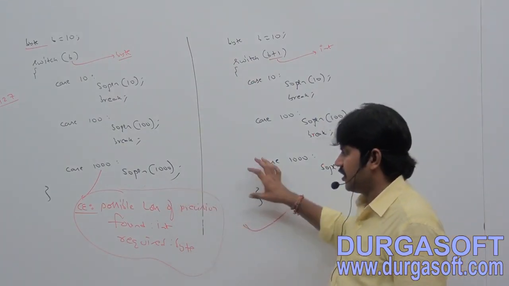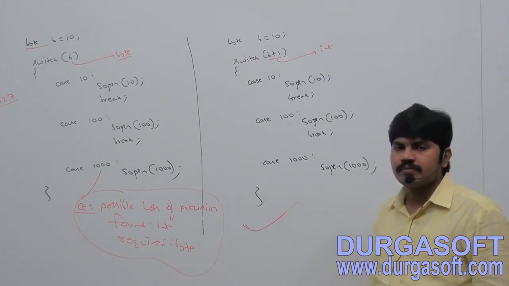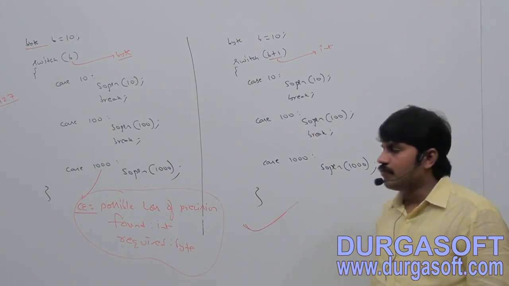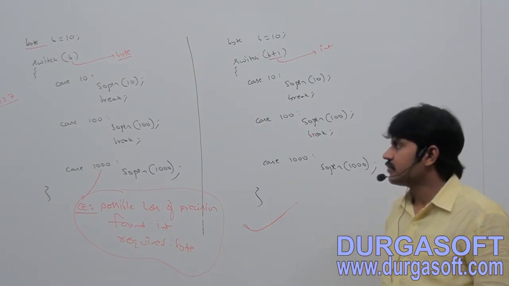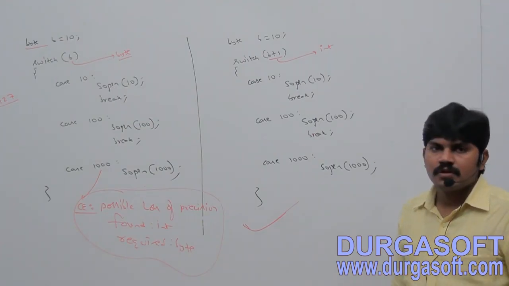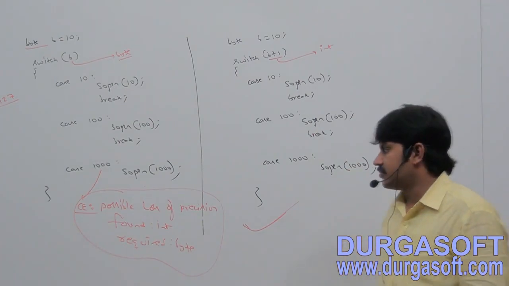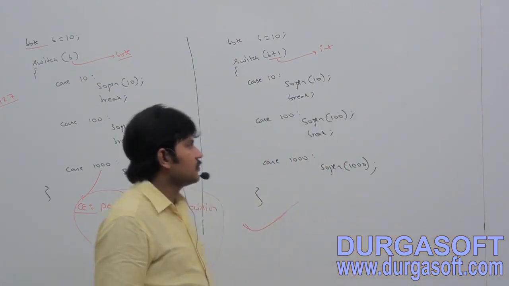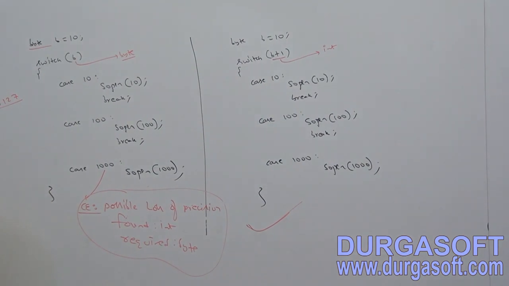Okay, take this example anyway. Take byte b is equal to 10, switch of b, case 10, case 100, case 1000. Clearly the first one is invalid, but the second one is valid. B plus 1 is int type, but here b is byte type.